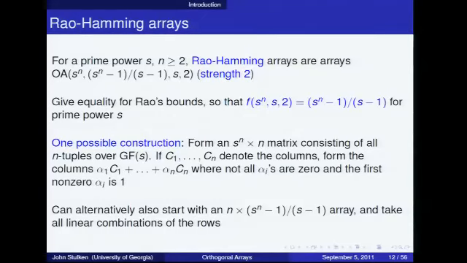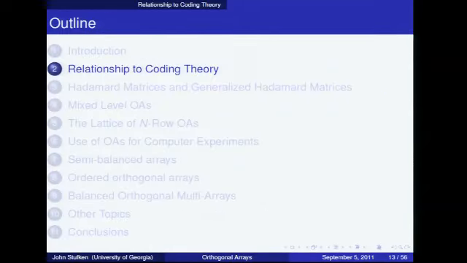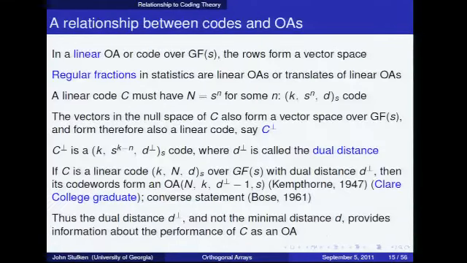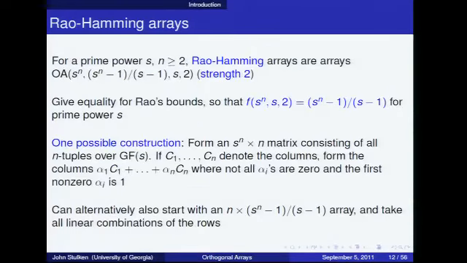One more construction, the Rao-Hamming arrays. They are orthogonal arrays of strength 2, with s to the n rows for some number n more than or equal to 2, and s to the n minus 1 divided by s minus 1 columns.